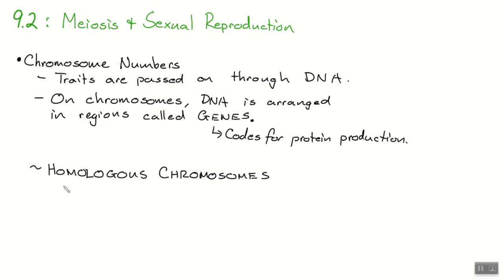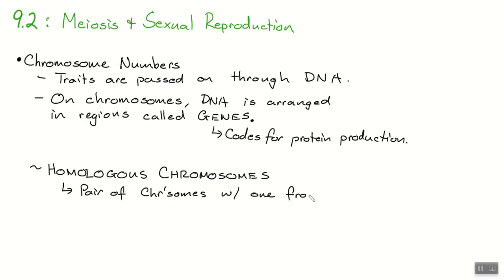Homologous chromosomes are a pair of chromosomes, and I'm going to abbreviate it. It doesn't save a ton of time, but I think it's clear that that's chromosomes, CHR with the OMO being the spot that's contracted. There we go: a pair of chromosomes with one from each parent.